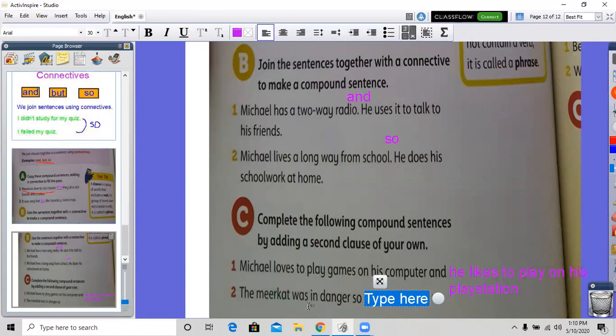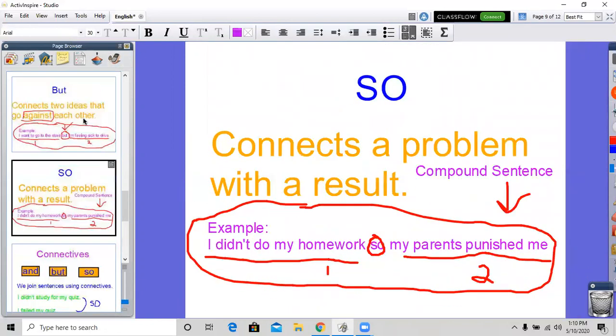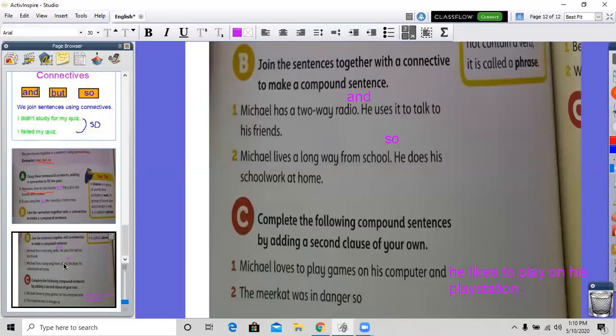The meerkat was in danger. So what happened? Think about it. When are you using so? You're connecting a problem with a result. So because the meerkat was in danger, what happened?